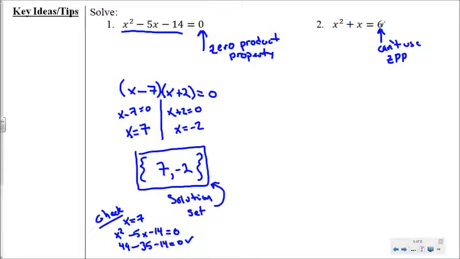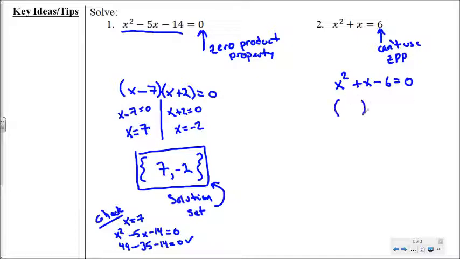What I need to do is convert this to its standard form so that it's equal to 0, and I'm able to use that property. So I'm going to rewrite this equation: x squared plus x, and I'm going to subtract 6 from both sides, so I'll get minus 6 is equal to 0. Now that it's equal to 0, I can use the zero product property.